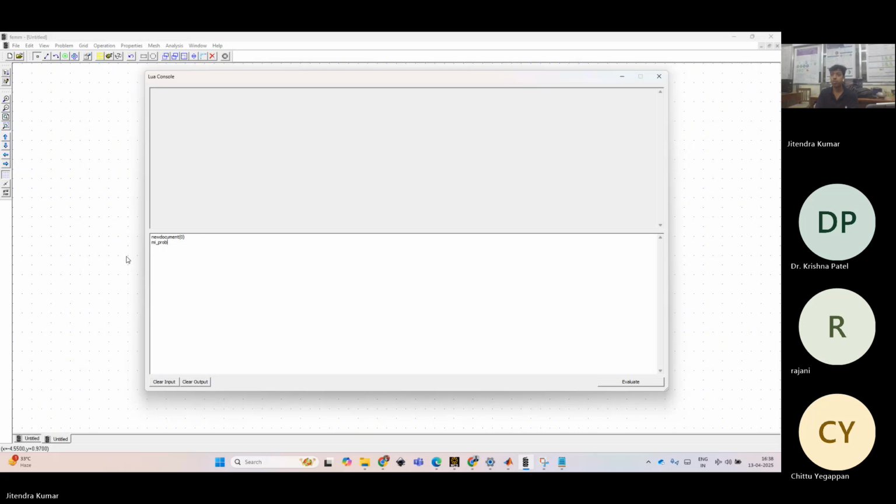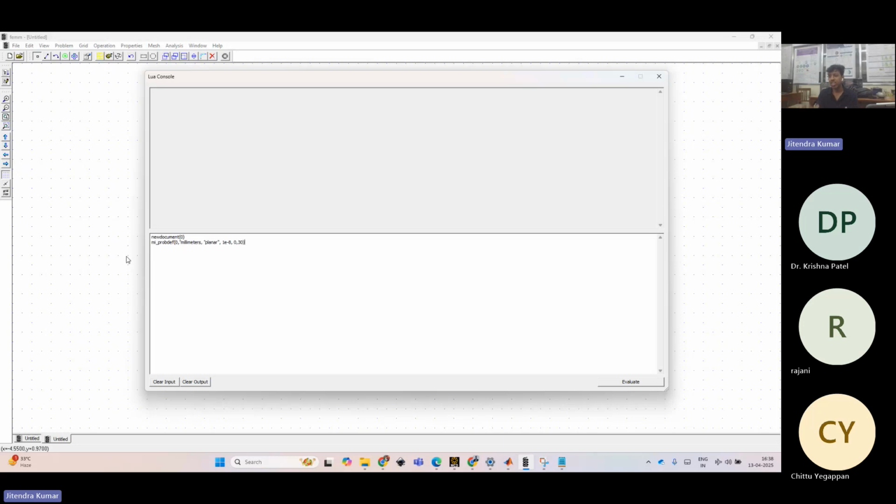mi_drawdefinition 0, millimeters, container, again 0, okay, 0 then 30.